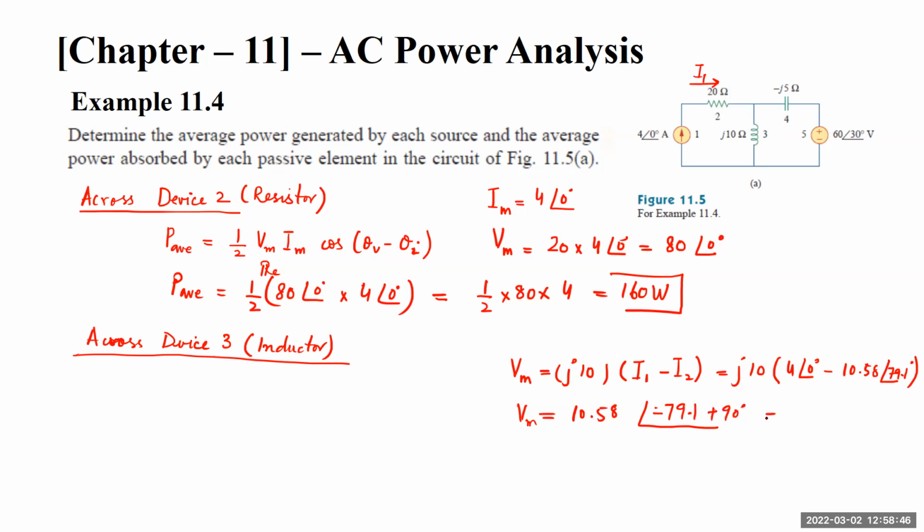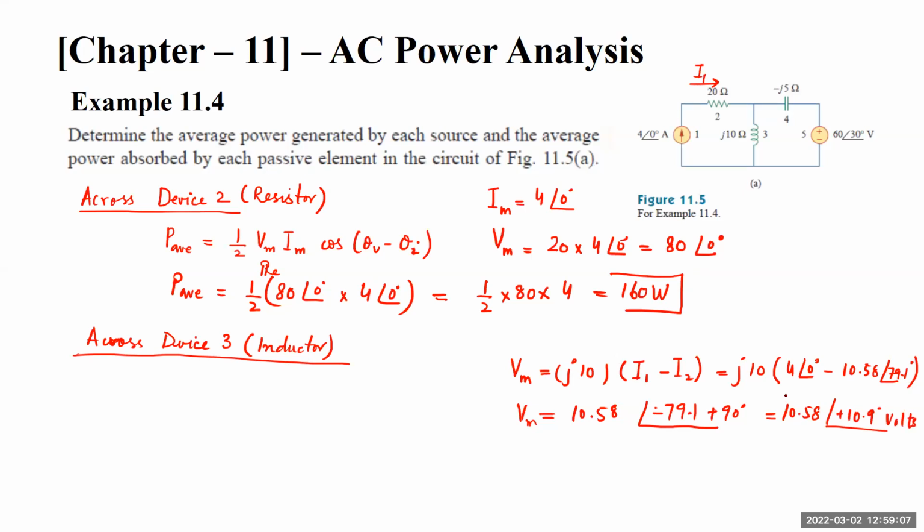So Vm will be 10.58 angle of 79 plus 90, which is something like plus 10.9 degrees.